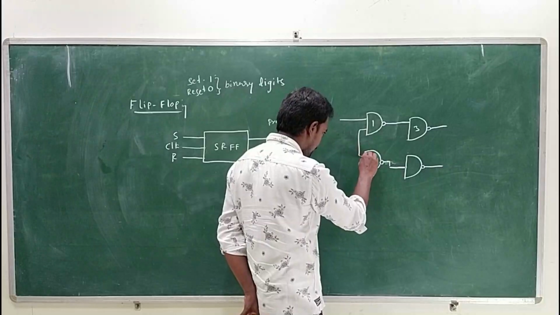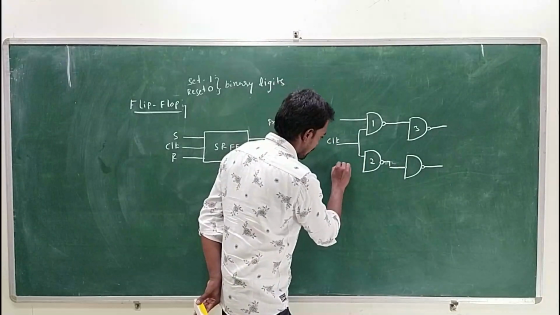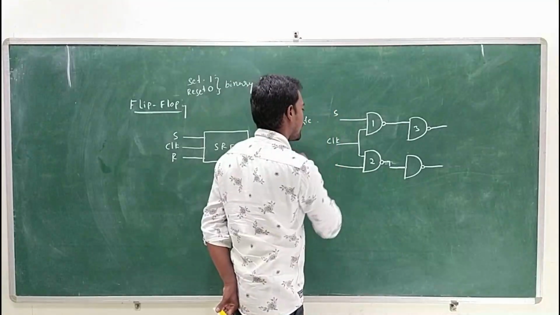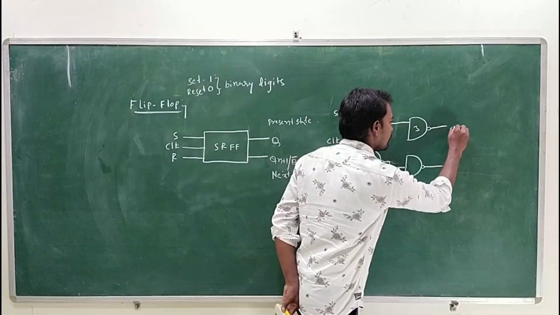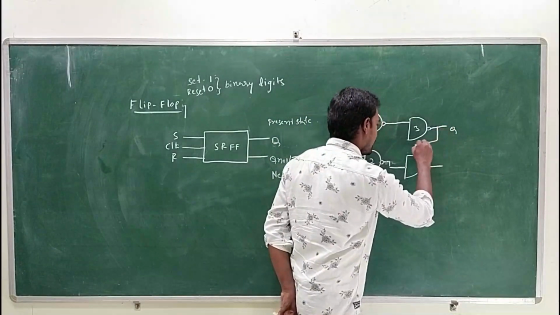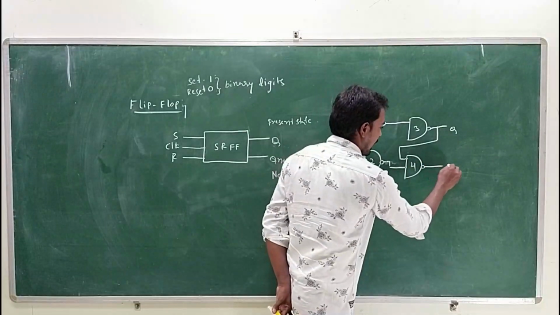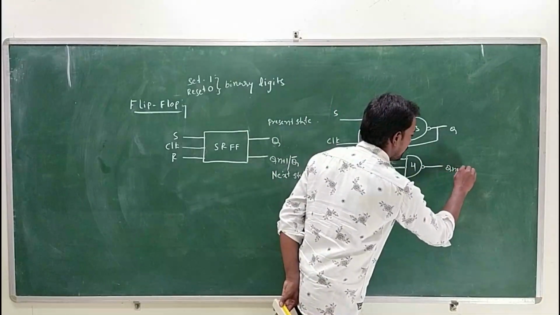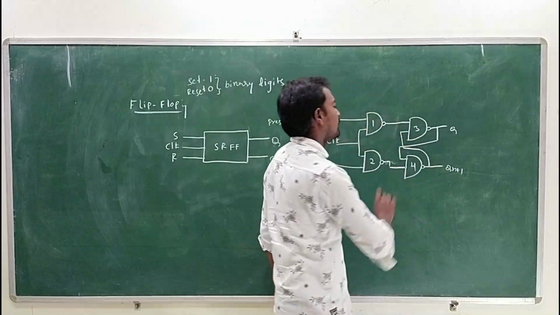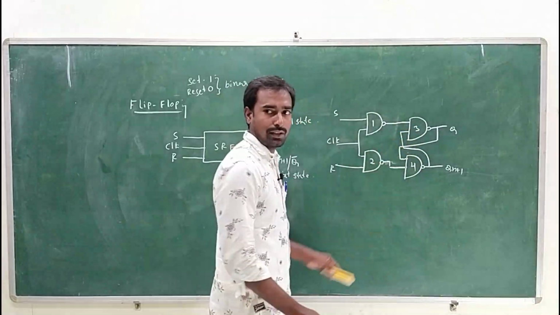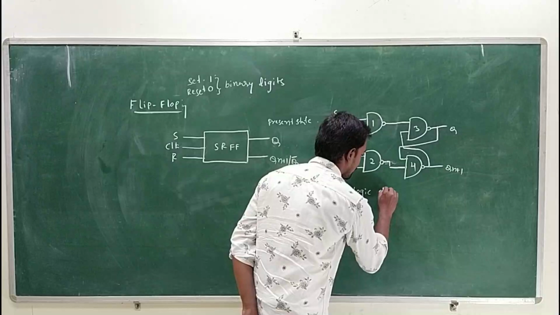Here we give the clock signal, the first input S and the second input R. The present state output is reconnected to the fourth NAND gate, and the next state Qn plus 1 output is connected to the third NAND gate.